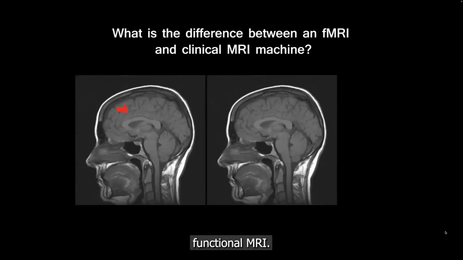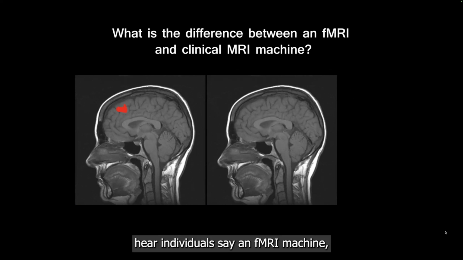MRI. And so one issue to address is that you'll sometimes hear individuals say an fMRI machine, or they're wondering if they can use an MRI machine for functional imaging. And the answer is yes. There's no difference between an fMRI and a clinical MRI machine. Both of these images on the bottom here are structural images, and what we do with functional MRI is just overlay a different signal on top of that.